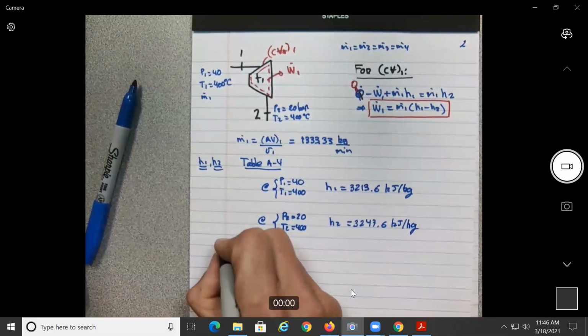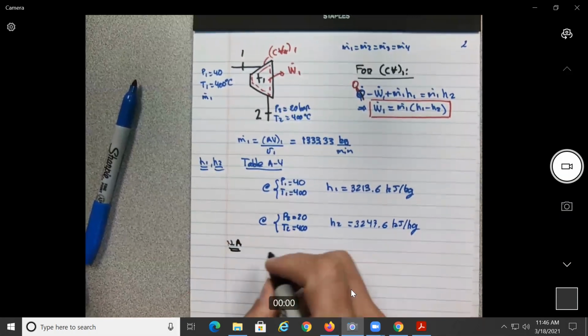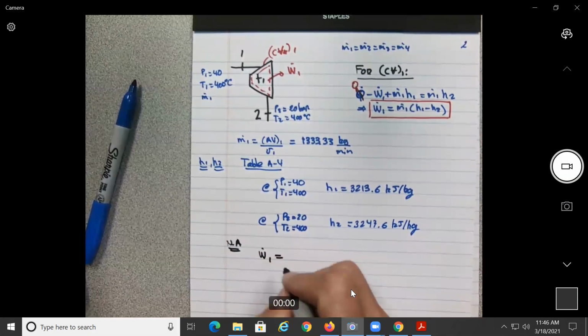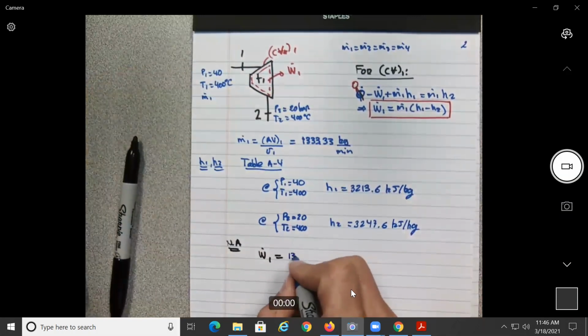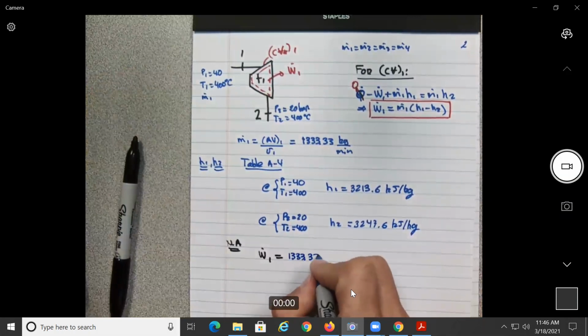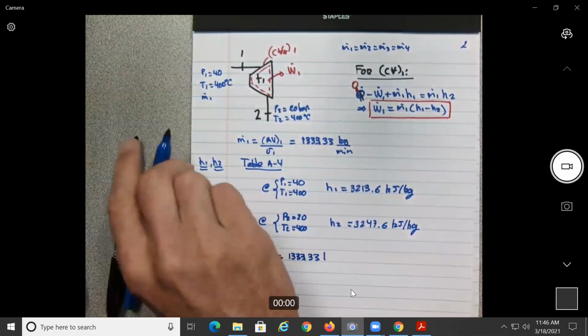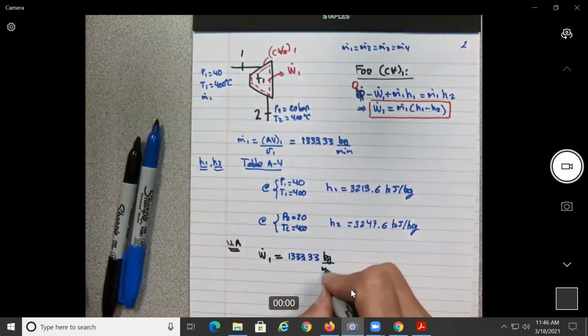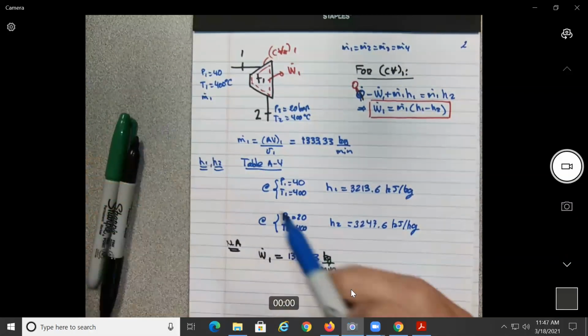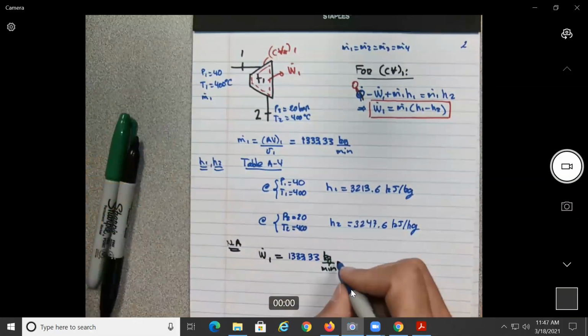So numerical application. The power of the first turbine will be equal to what? 1333.33 kilograms per minute. Times, we're going to have to do some units transformation, I'm guessing.